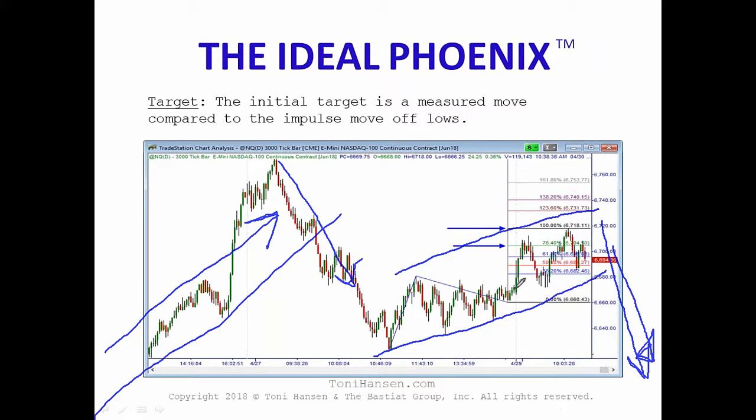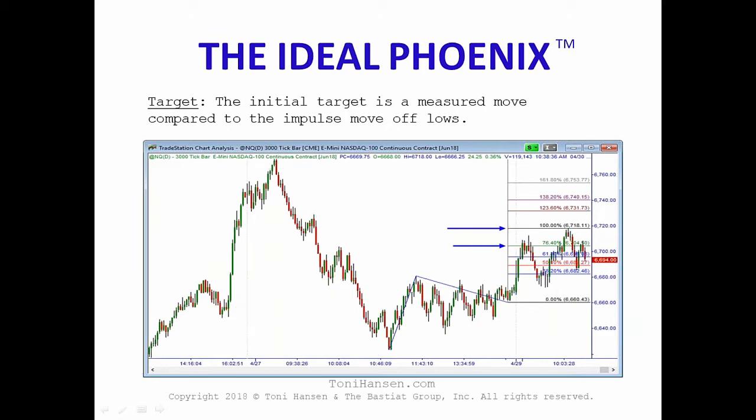Then you want to watch how it starts to play out, because it becomes harder for it to hit that 100% level as easily. As long as the momentum starts to break out with the Phoenix pretty easily, I'm still going to go for that 100% level. If it pauses a little bit short of it though, like at the 76.4, I have to be prepared that the channel can shift. And this is where trade management comes into play.